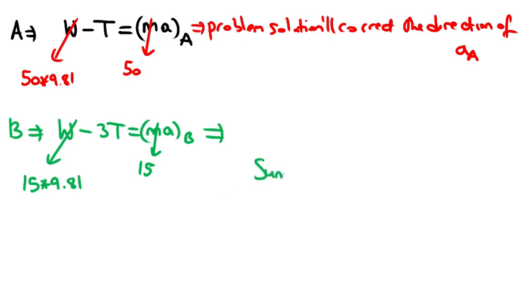So, summary. What we have is 2 equations and 3 unknowns. What are they?